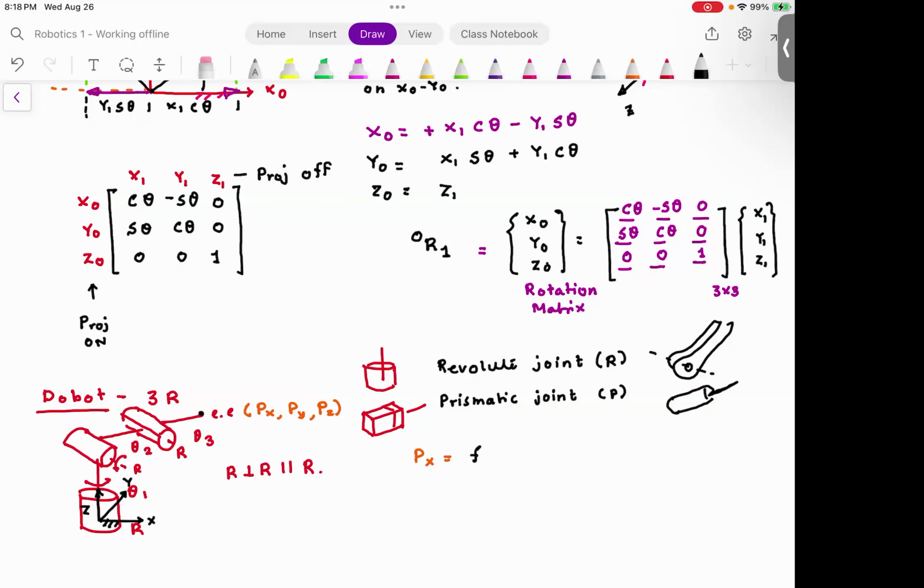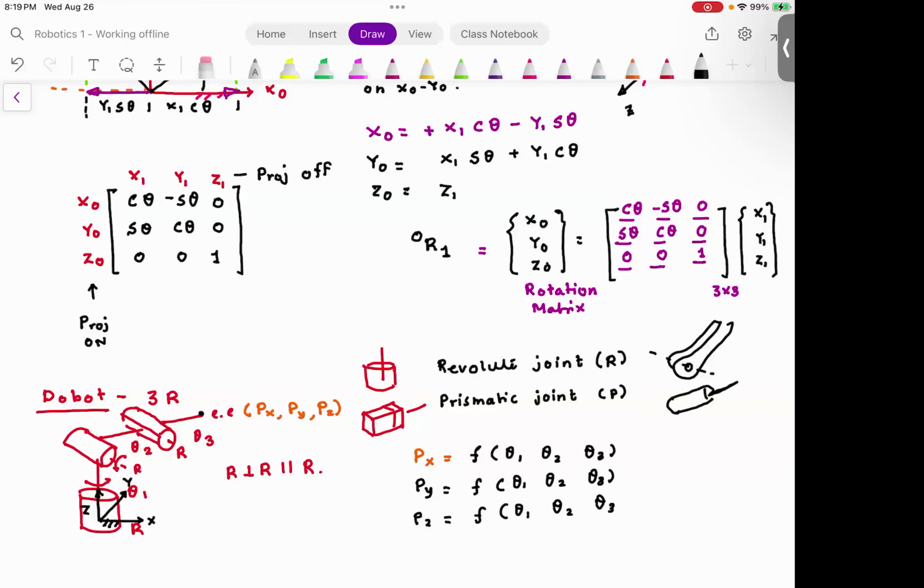So you will come up with functions that depend upon θ1, θ2, θ3. Px, Py, and Pz are each a function of θ1, θ2, and θ3, because all the link lengths are given to you.